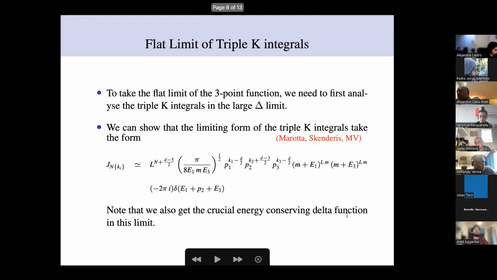To take the flat limit of the 3-point function, we need to first analyze the triple-K integrals in the large delta limit. One can show that the limiting form of the triple-K integral takes this form, and that we also get this crucial energy conserving delta function in this limit.